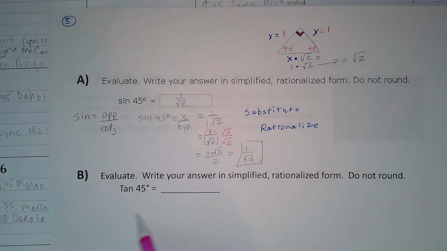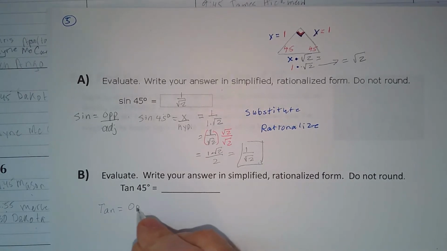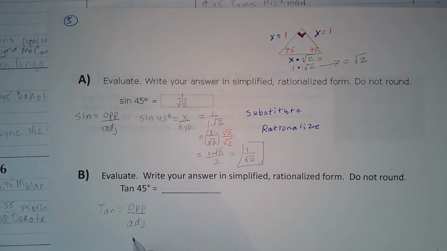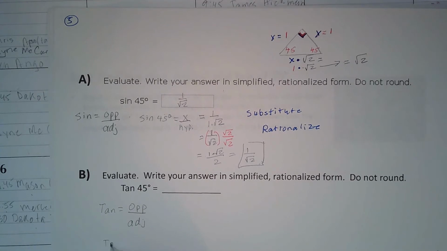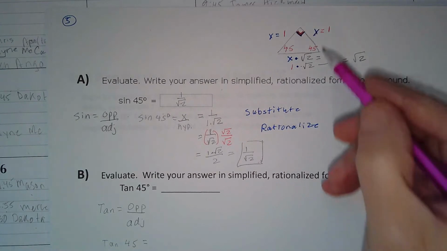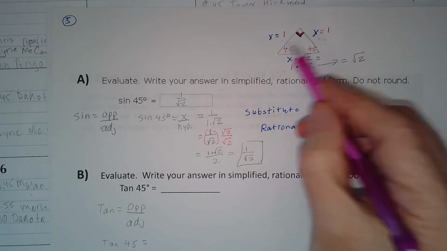Okay? All right, so let's do the tangent of 45 degrees. So the tangent equals opposite over adjacent. I'm going to go a little faster. We're going to assume what's going on here as simply as we can. And remember, the tangent of 45 degrees, which is what we're asking for here, is going to be, well, remember, opposite over adjacent, 1 over 1.